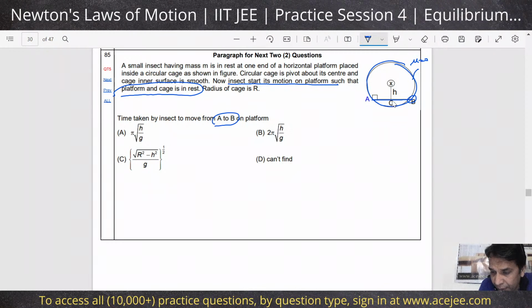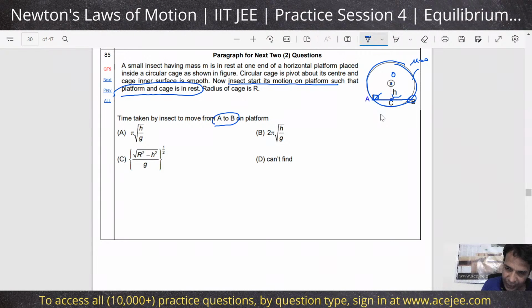The center of mass of this platform is right below it, so there is no reason for it to rotate. There is no torque about the center C. But if you look at the insect, there is no torque about the center O either. As soon as the insect comes into the picture, the insect has a mass, correct, beta?